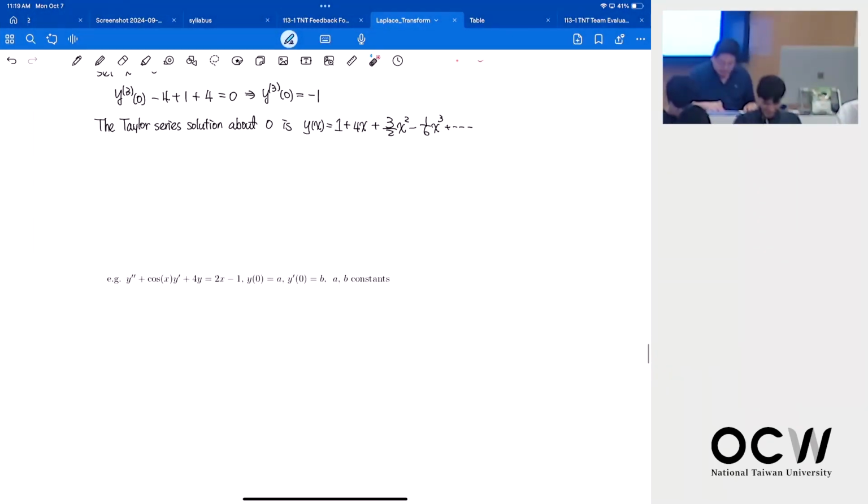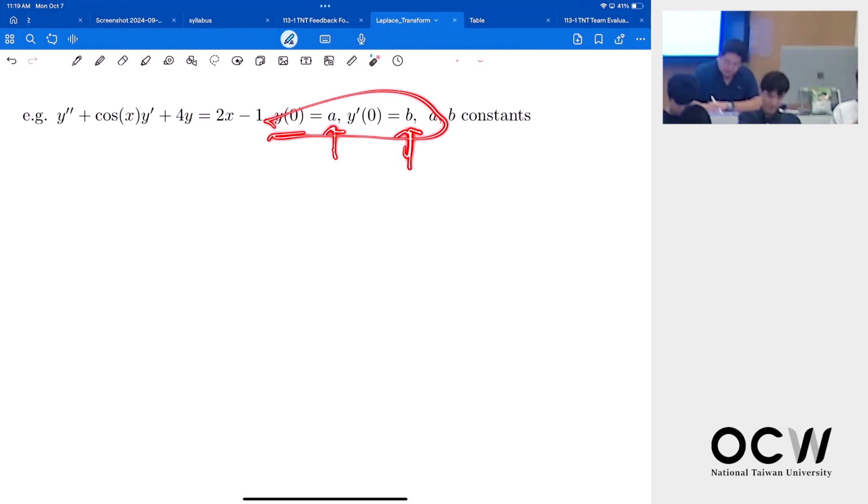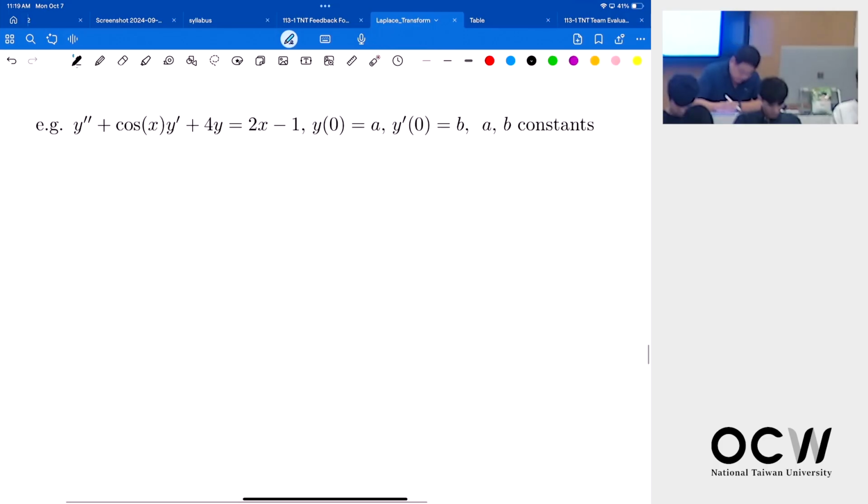Next, let's see another example where we have initial conditions, but now it's not specific numbers, it's just the constants a and b. And when we plug in 0 to the original equation, we have y double prime of 0 plus cosine 0 y prime plus 4 times y of 0 is minus 1.